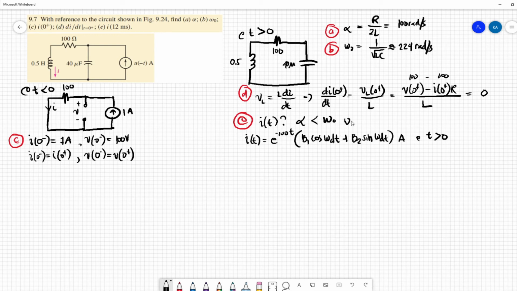Our wd is equal to the square root of omega naught squared minus alpha squared, which is approximately 200.44.